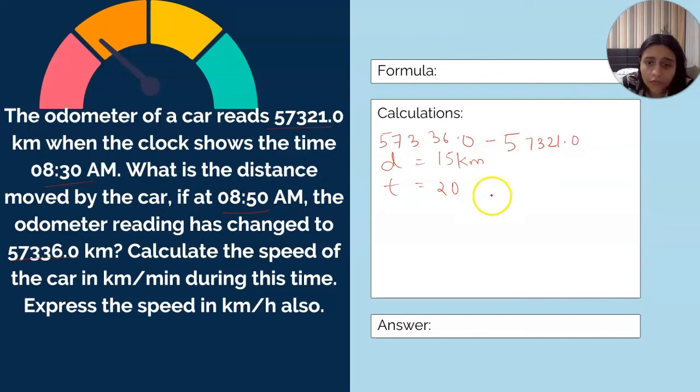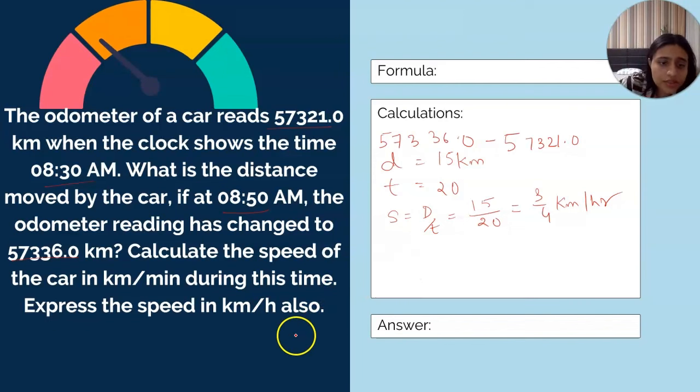Then you have to put the formula: speed is equal to distance upon time taken. Then it goes like 15 upon 20, then 3 upon 4 kilometers per minute. In this way you have the speed in kilometers per minute. And now the question says that you need to express the speed in kilometers per hour as well.